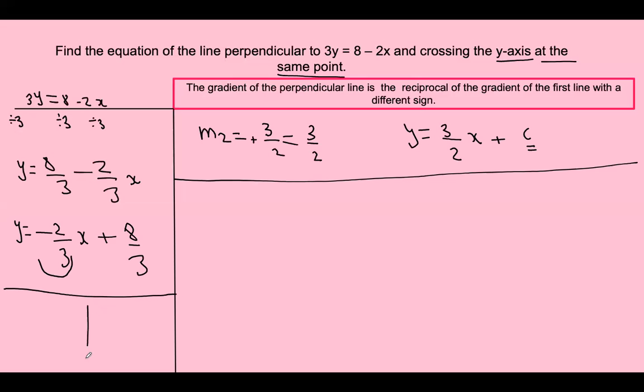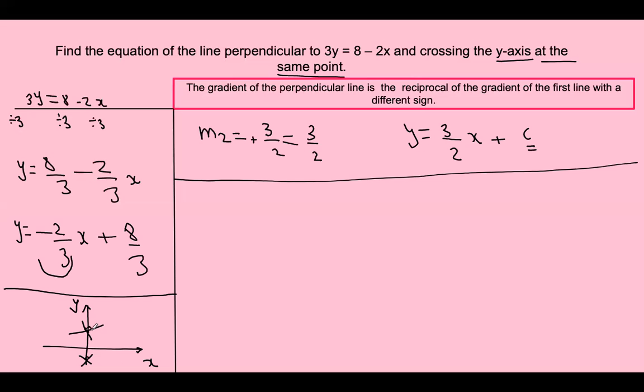Now, I'm going to sketch a couple of axes, x and y. It says they cross the y-axis at the same point. So let's say these two lines are perpendicular with each other, they cross the y-axis here. I'm trying to make them as perpendicular as possible.